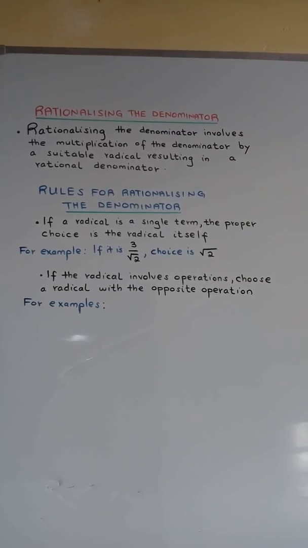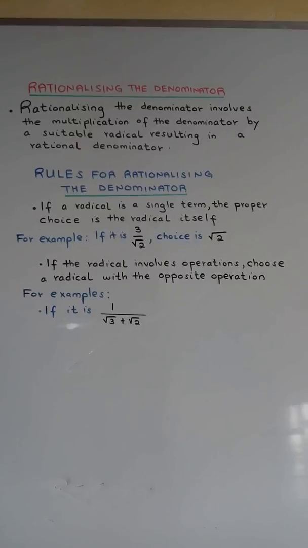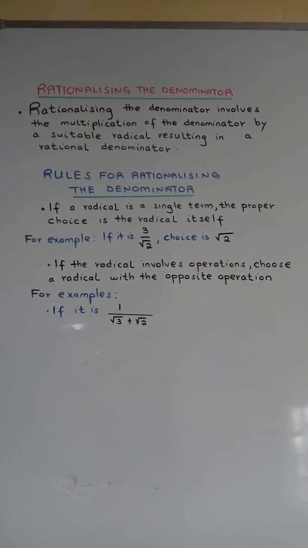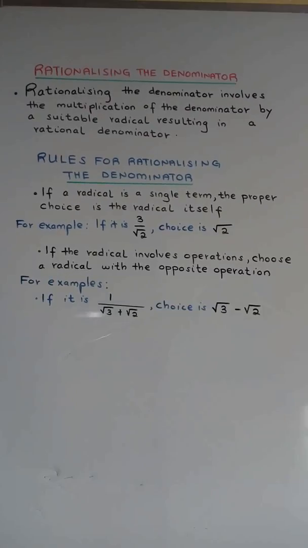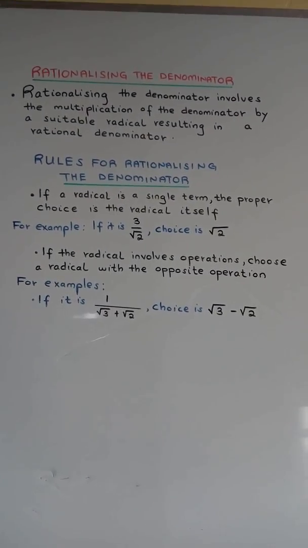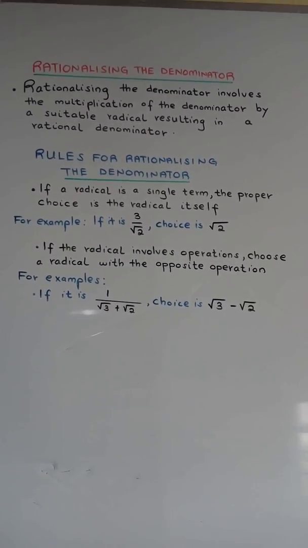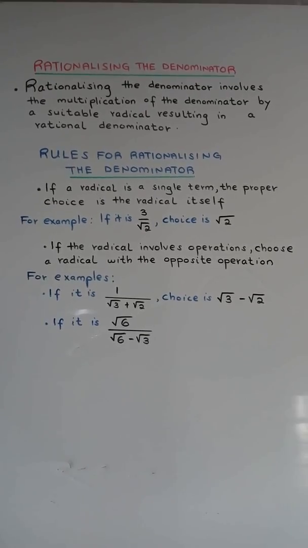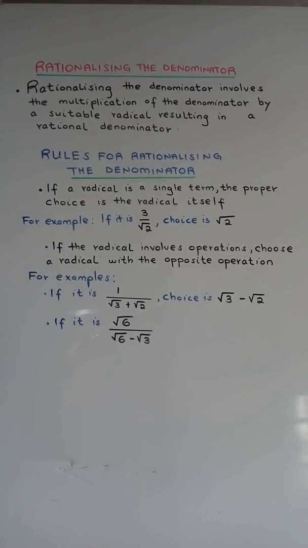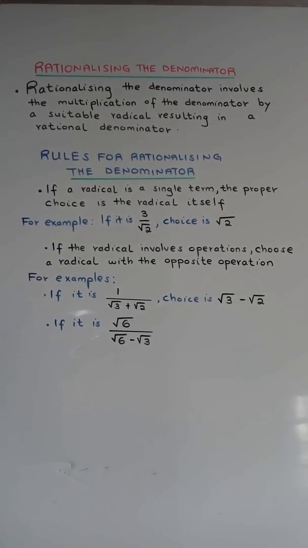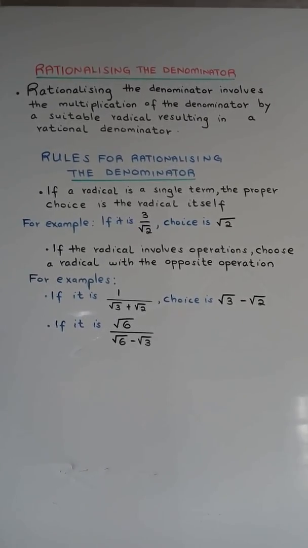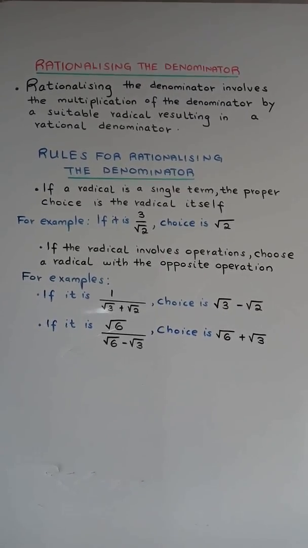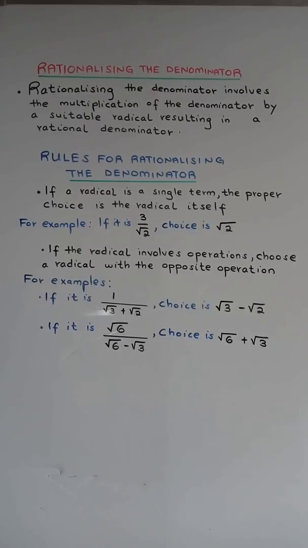For example, if it is 1 over radical 3 plus radical 2, the choice is radical 3 minus radical 2. If it is radical 6 over radical 6 minus radical 3, the choice is radical 6 plus radical 3.